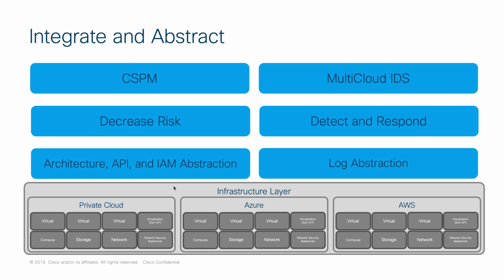Abstracting logs, looking at the difference between flow logs in Azure and flow logs in AWS so that I just get a consistent set of results, consistent set of alerts, consistent analysis, things along those lines, along both different sides of the kill chain, proactive, decreasing the risk, and the detect and the respond.